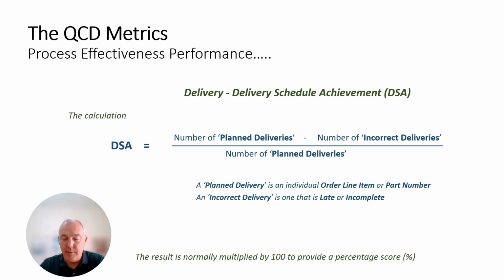An incorrect delivery here would represent any delivery that is either late to the customer requirement date or incomplete, so carrying shortages. We make the calculation by subtracting the number of late deliveries from the total number of deliveries and then dividing again by the total number of delivery line items. We multiply that result by 100 again to give us a percentage score of the delivery schedule achievement from our process.